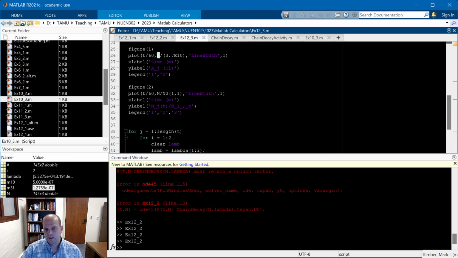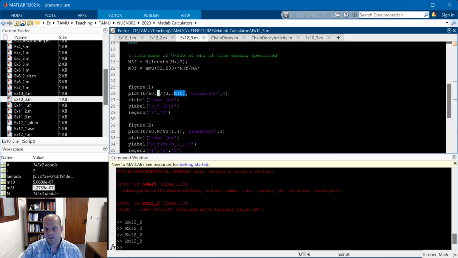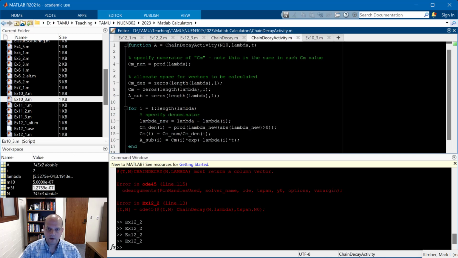I'm plotting just like I did before. I have the activity here, and I'm dividing by 3.7 e to the 10th, so now that's going to be in units of Curie. And I'm going to do the same thing down on figure 3, but I'm going to take A new, which is calculated from this function, chain decay activity. This is what's calculating those coefficients and then adding them all together to get the activity at the end.